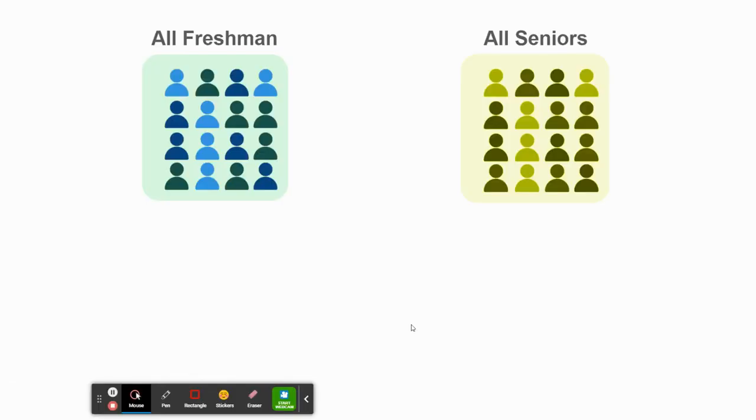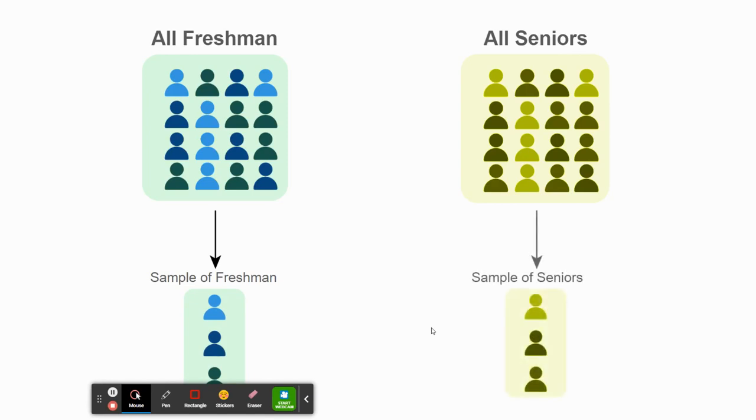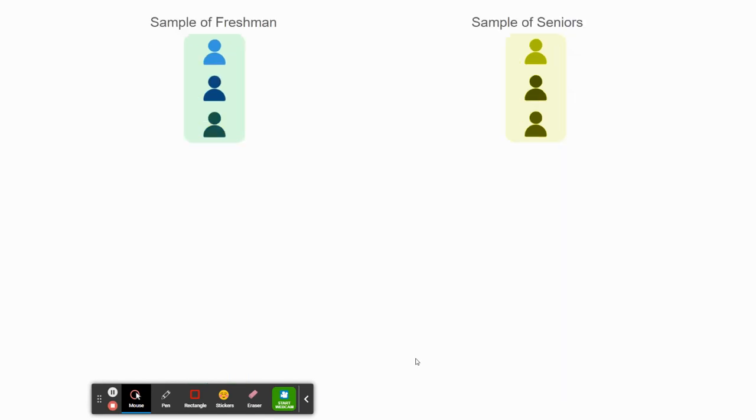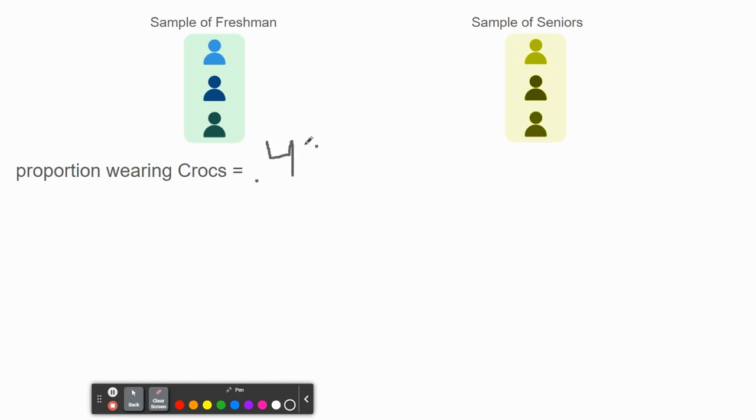Okay, so now I'm going to go back to my population of all freshmen and take a new sample of freshmen, go back to my population of all seniors and take a new sample of seniors. From my sample of freshmen, I'm going to calculate the proportion wearing Crocs. Let's say this time the proportion was 45%. So 0.45.